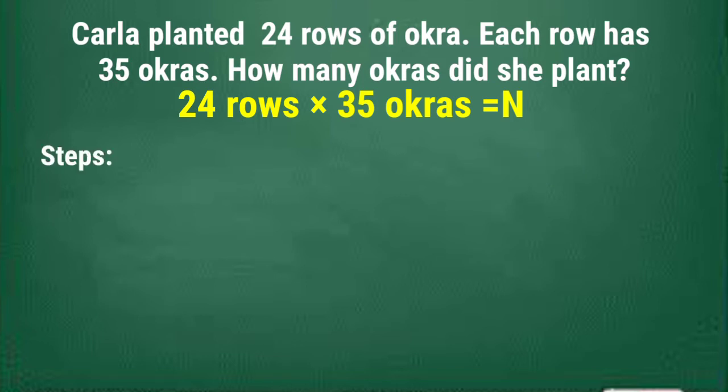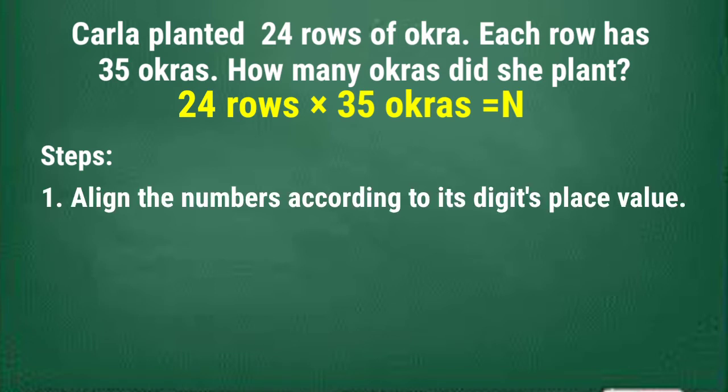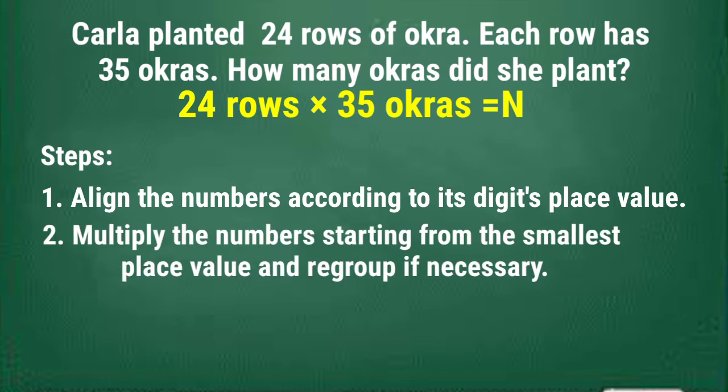Here are the steps in multiplying whole numbers with a two-digit multiplier. First, align the numbers according to their place value. Step number 2, multiply the numbers from the smallest place value and regroup the answer if necessary. Then, add the subproducts.